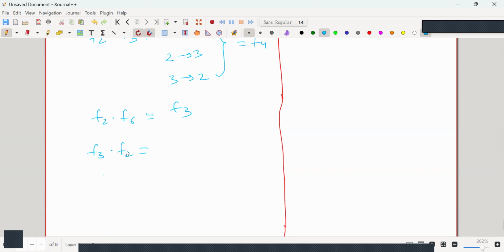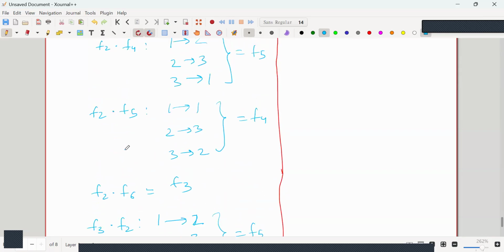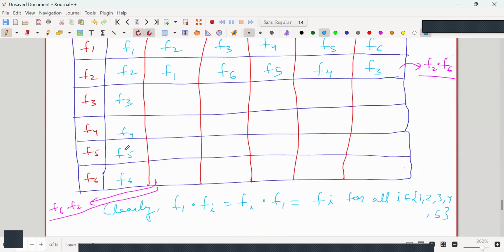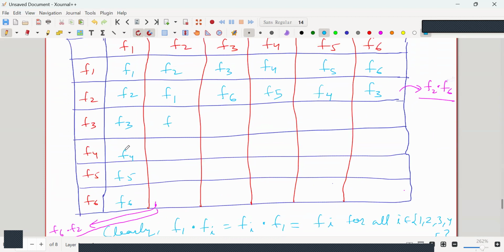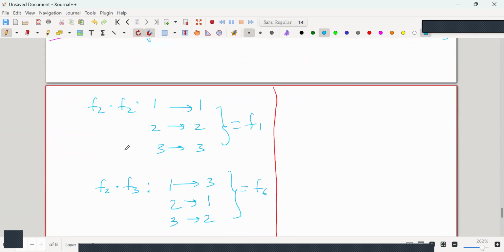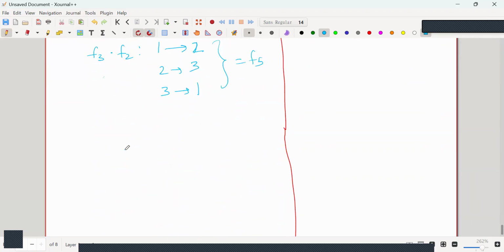So you can note that down that this is the one which sends 1 to 2, 2 to 3, and 3 to 1. So this is your F5, right? Yeah. So this is your F5. What about F3 composed with F3?